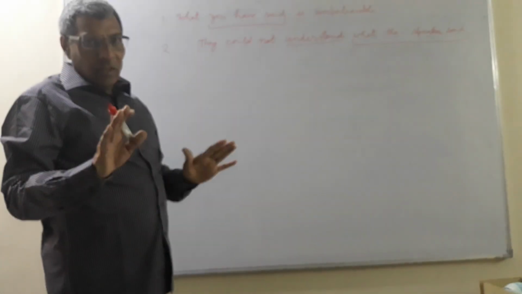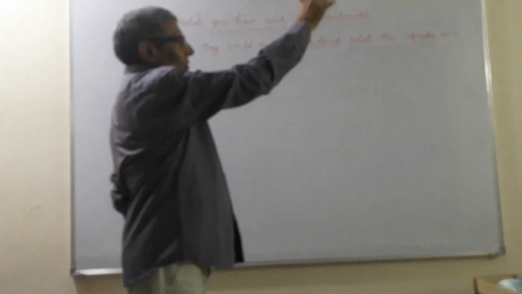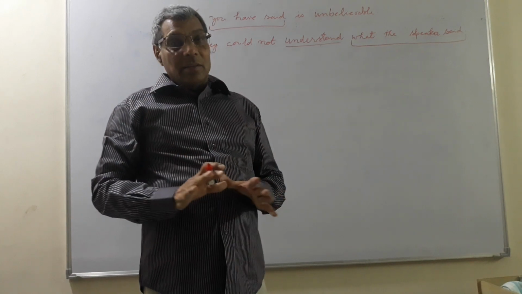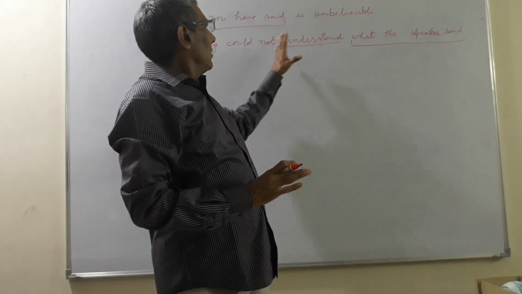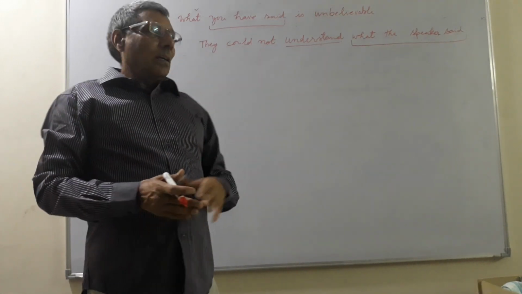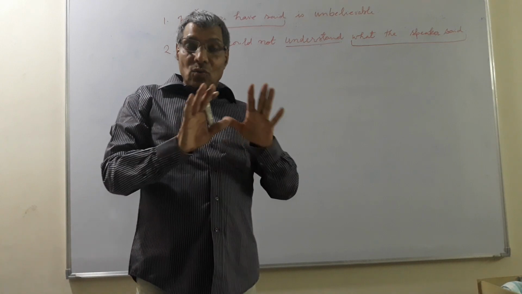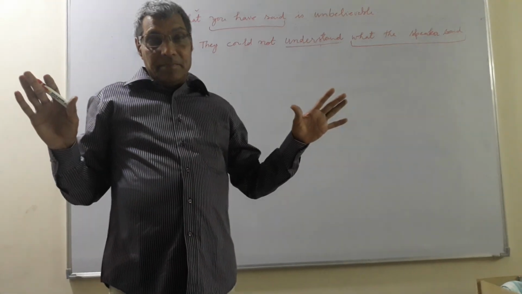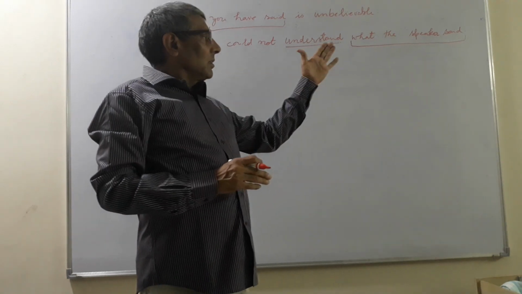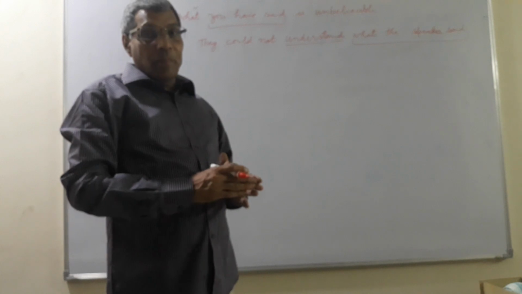One thing I must tell you: whenever you see what or how or where or when, you cannot infer that this is a noun clause. No, not at all. You have to be very careful. These conjunctions can be used in other clauses also.